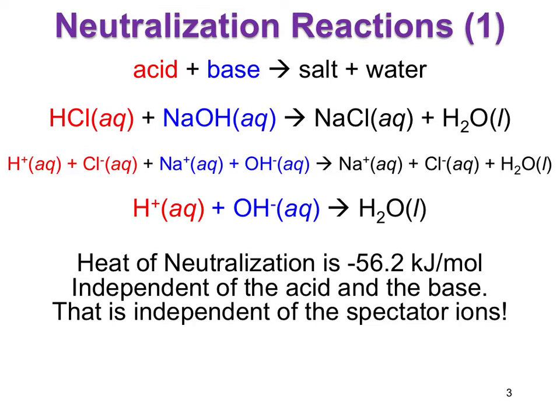The net ionic equation for this reaction is H+ plus OH- yields H2O. The spectator ions are not important in the net reaction. The heat of neutralization, that is, the heat generated by this reaction, is always negative 56.2 kilojoules per mole and is independent of the spectator ions.